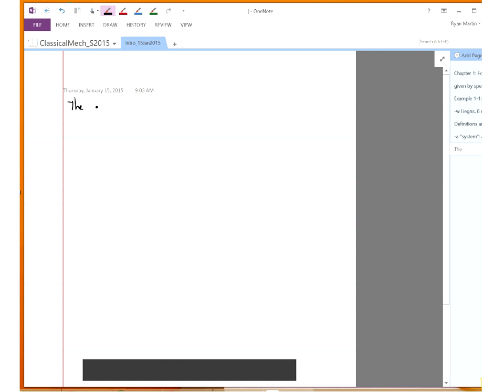So the number of degrees of freedom is equal to 3n minus k, for k constraint equations.